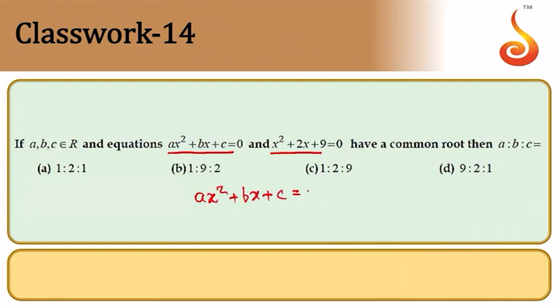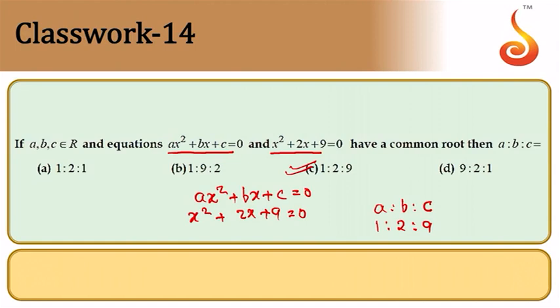Example 14. a, b, c belong to real numbers. ax square plus bx plus c and x square plus 2x plus 9 have a common root. As it is objective, ax square plus bx plus c equal to 0 and x square plus 2x plus 9 equal to 0. Common root means simple: a is to b is to c, directly we can write it as 1 is to 2 is to 9.